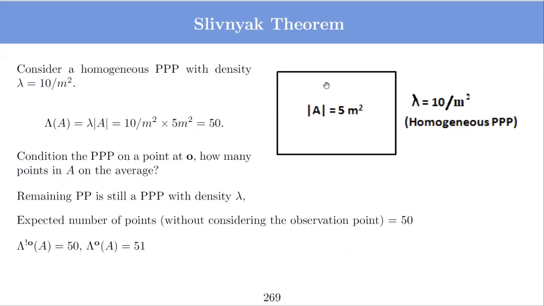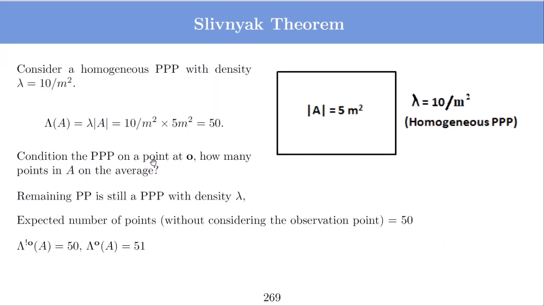So we know that when we are conditioning that there is a point at the origin, that is not going to affect the rest of the points. The rest of the points are still going to be Poisson with density 10 per meter square, so the average number of points would be 50. And then there is 1 point already there. I said that you have to remove that point which you are conditioning on.